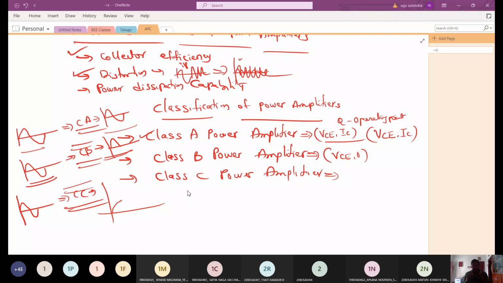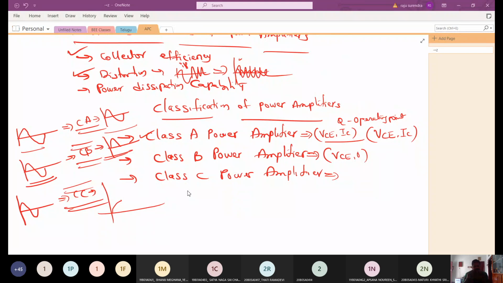There may be distortion, but it is very, very low. And there is a possibility of power dissipation for class A, class B, and class C, but we are saying whether it is low or high. I hope all of you understand. Yes, sir.